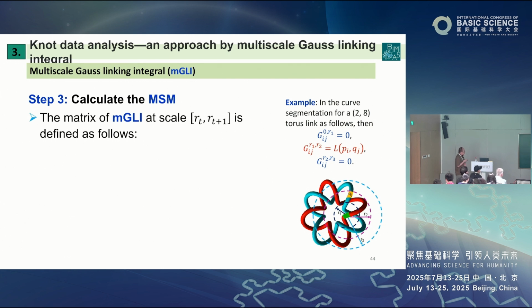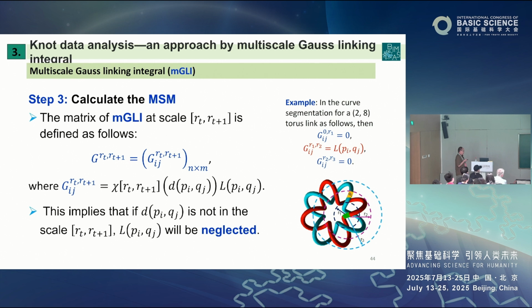Then the matrix of MGLI at this scale is defined in this way. It is also an n times m matrix, and each atom here is the Gauss linking integral of p_i and q_j multiplied by the distance characteristic function.